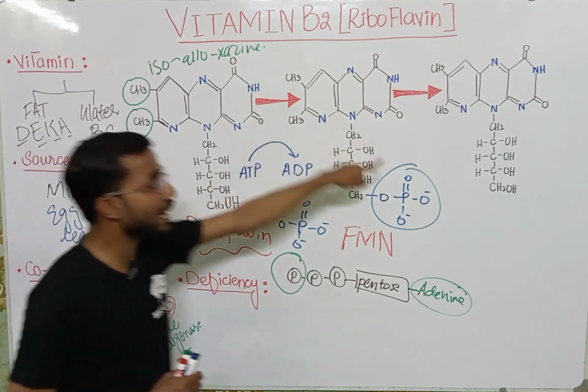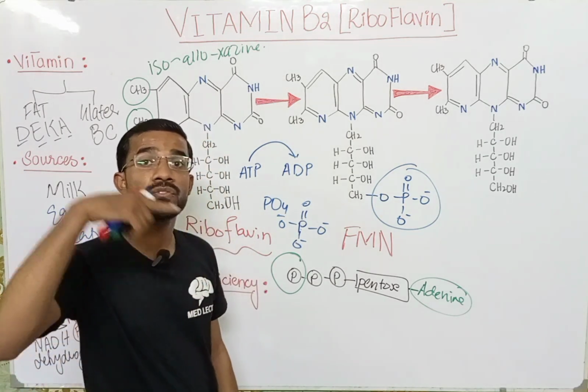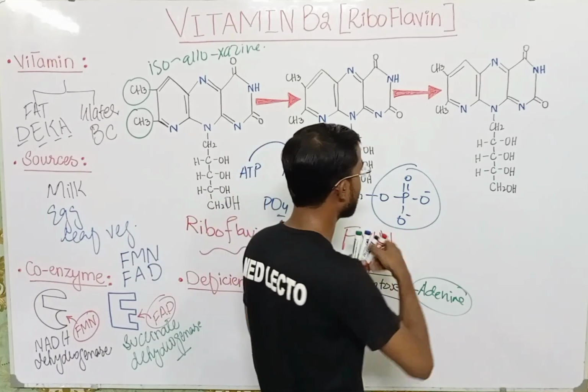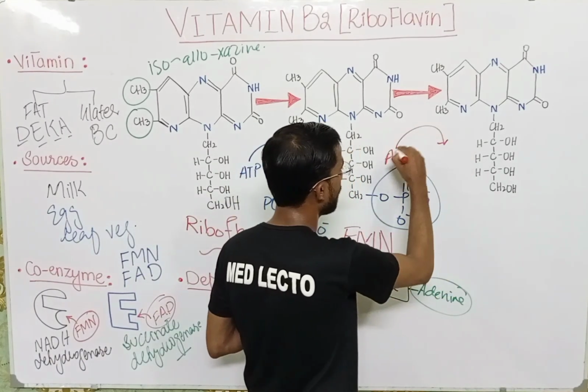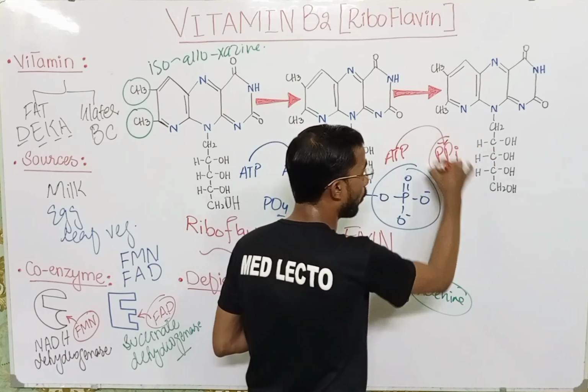Next, in the second step, if I add an adenine monophosphate moiety, what does it mean? So if you see, I again add ATP, and after that it will become pyrophosphate. How?